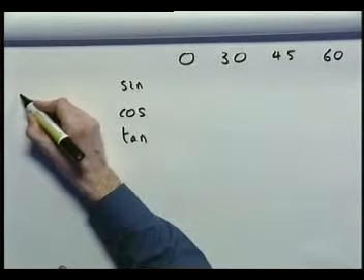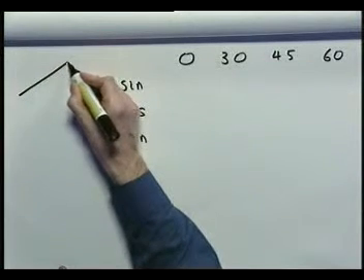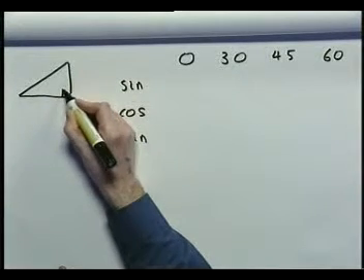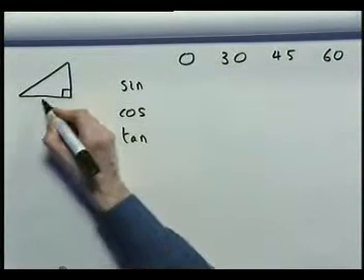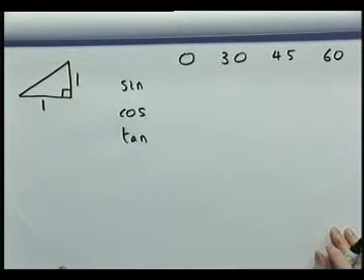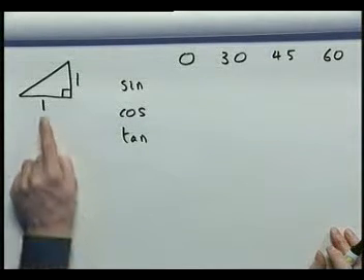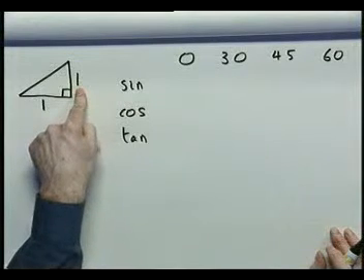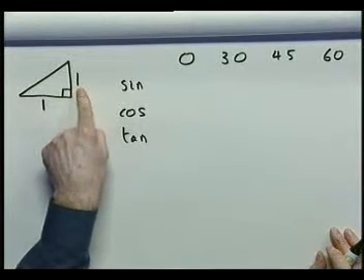Let's have a look at a right-angled isosceles triangle to begin with. There is its right angle. Isosceles, each of these sides will be the same length. So if we use Pythagoras, 1 squared plus 1 squared is 1 plus 1, which gives us 2.